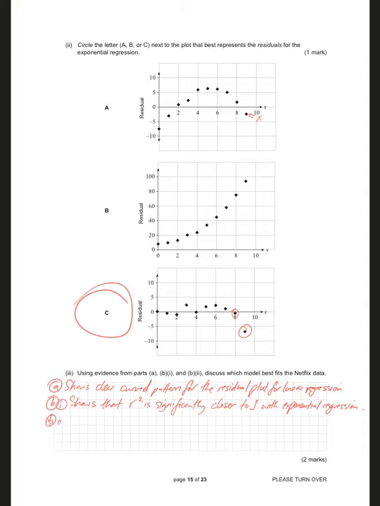and B2 shows no clear pattern for the residual plot for an exponential regression.